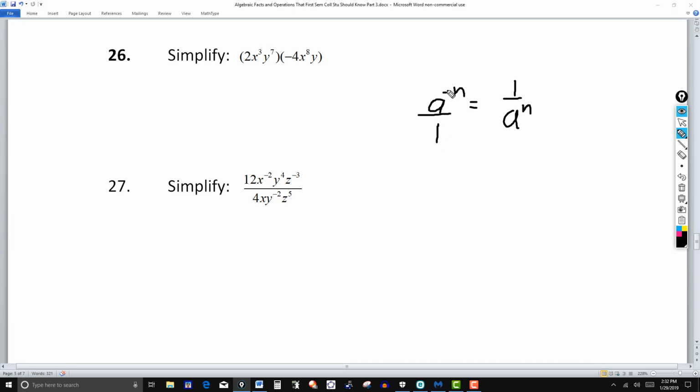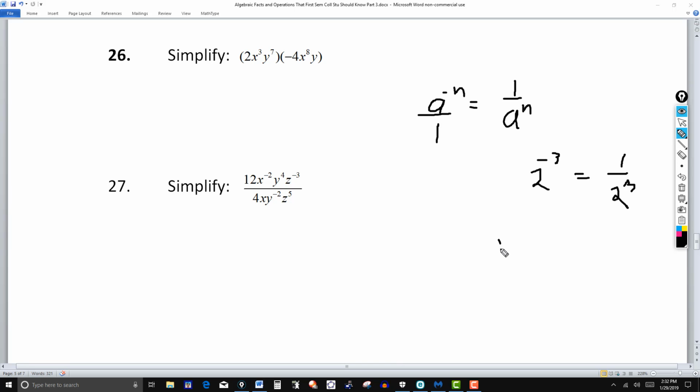Same sort of thing here if you're dealing with the numerator and the denominator. So 2 to the negative 3 would be the same thing as 1 over 2 to the third, or 1/8.